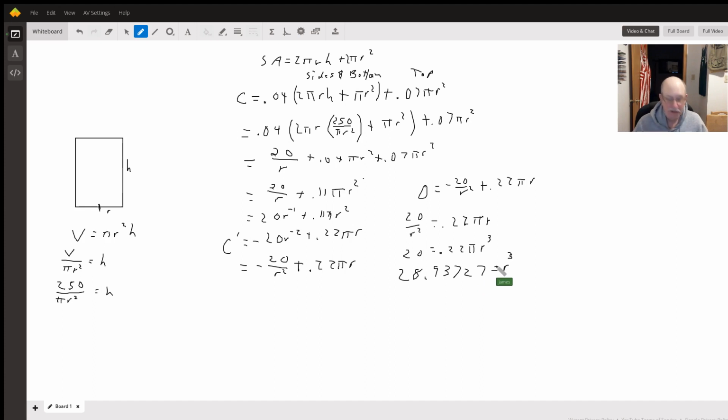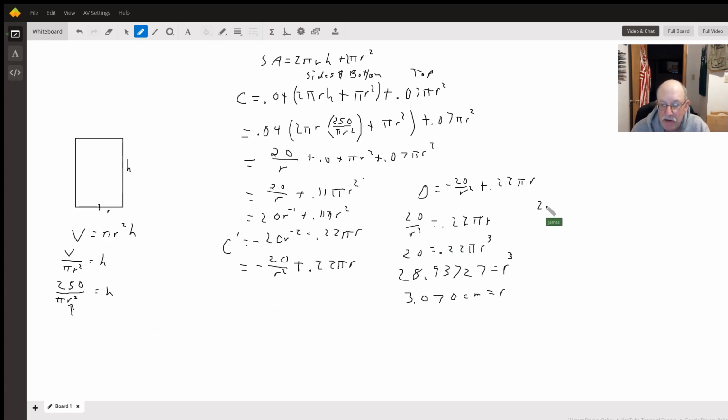So now we want the cube root of that. That comes out to be 3.070 centimeters. Will equal r. Then we'll plug that back into my r here to get h.